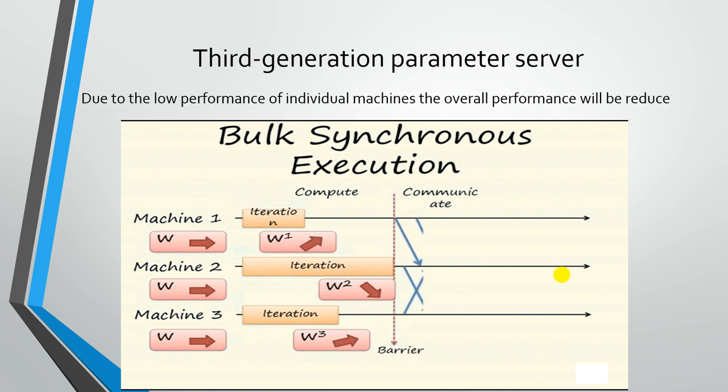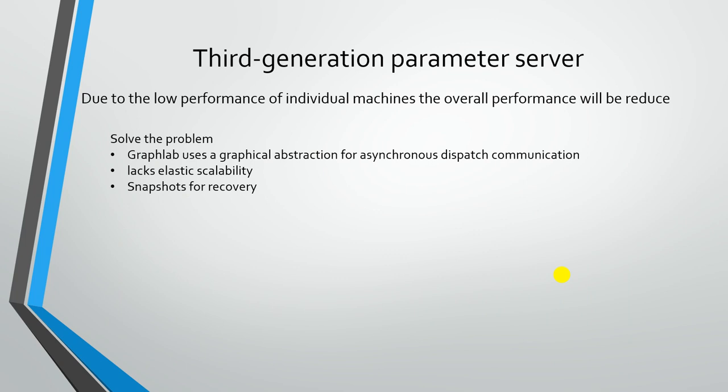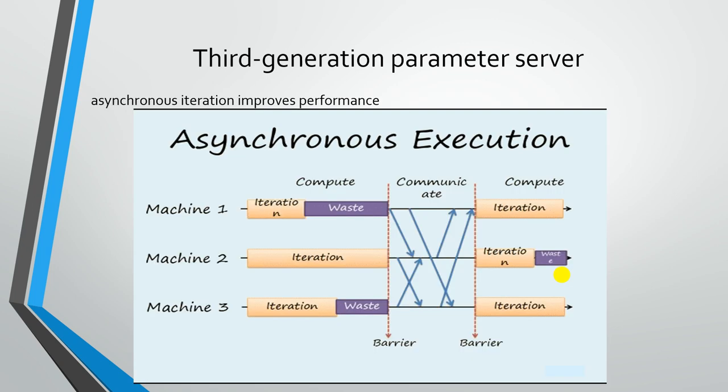To solve this problem, GraphLab uses a graphical abstraction with asynchronous dispatch communication. However, it lacks elastic scalability based on MapReduce, and it uses snapshots for recovery, both of which hinder scalability. The parameter server takes advantage of GraphLab's asynchronous mechanism and solves its scalability disadvantage.